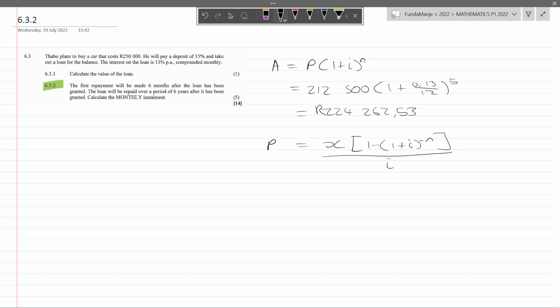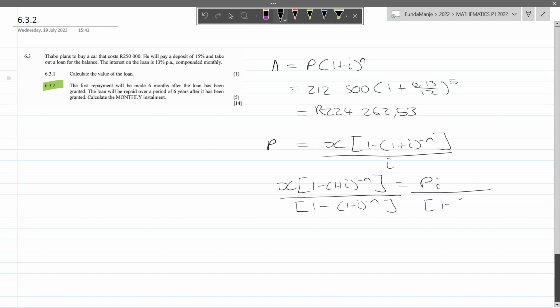Before we do anything, I'll make x the subject of the formula. Multiply both sides by i, so this side we get Pi, and then you can divide through by the big bracket, 1 minus (1 plus i) to the power of minus n.